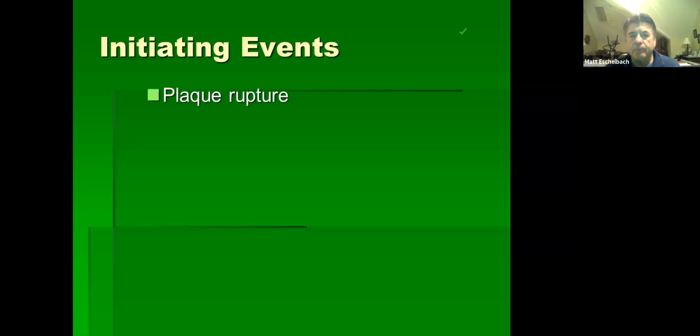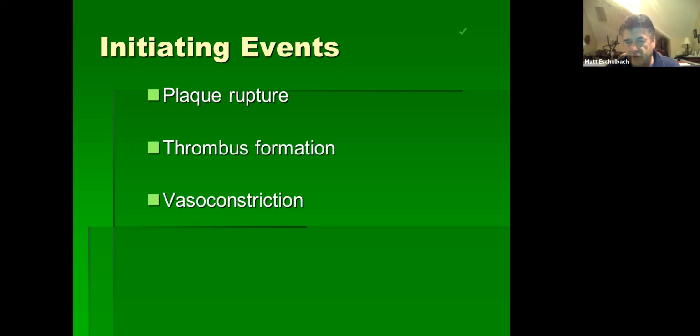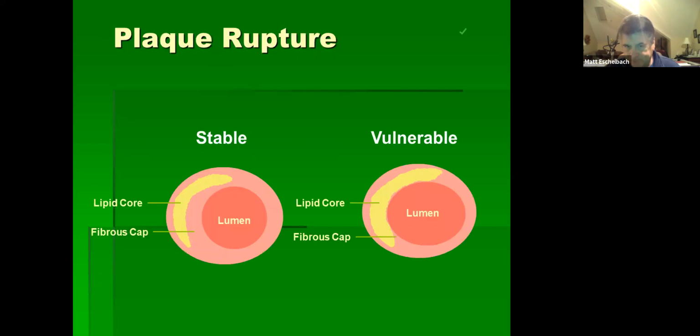Okay, so the initiating events of acute coronary syndrome are first and foremost plaque rupture, and then thrombus formation and vasoconstriction, which leads to further cutoff of the vessel. So here, for example, are two very different lumens.